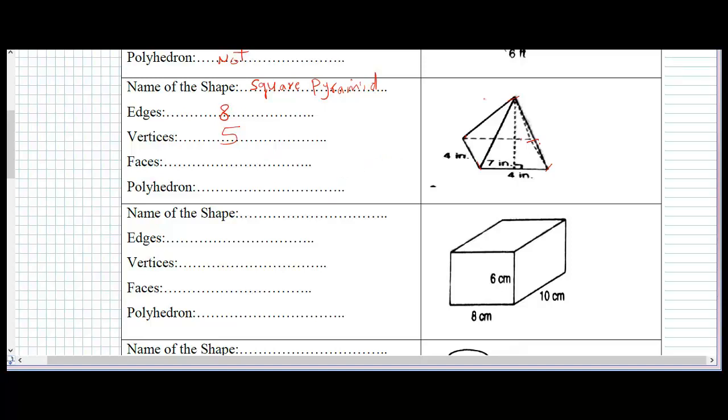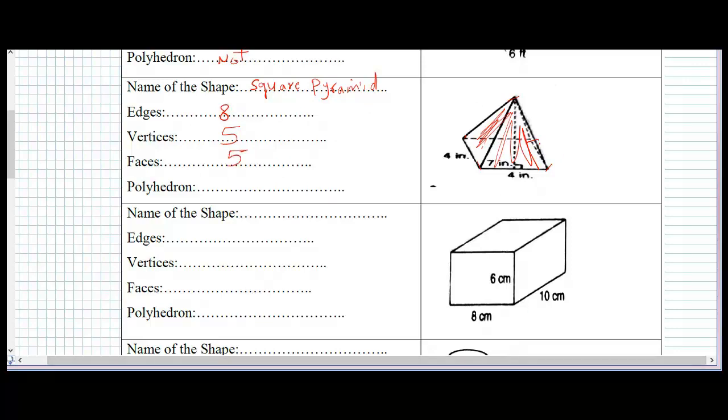How many faces? We have 1 face down, this is the base, and we have 4 faces on the sides. This is one face, this is one face, and in the back you can find 2 faces. So it's 4 plus 1, 5 faces.